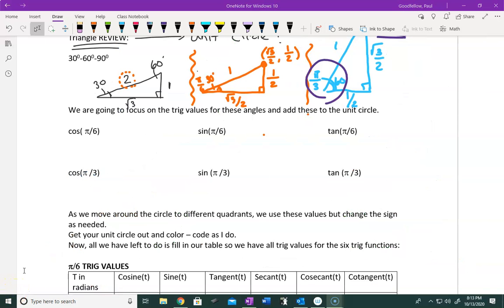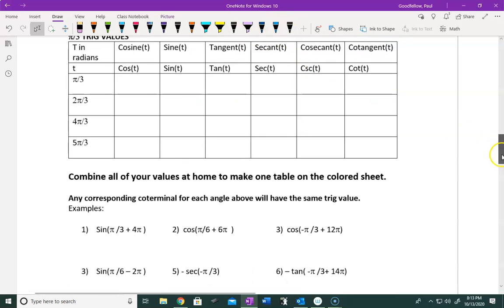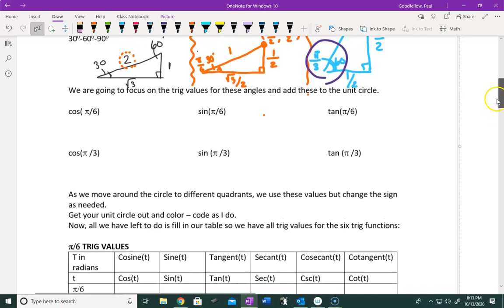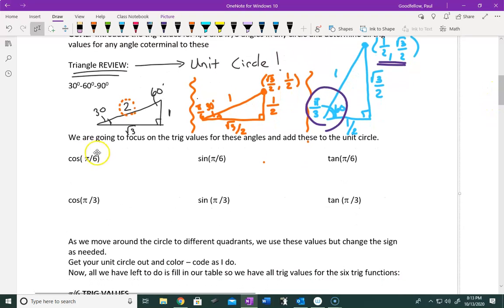All right, now, the hardest part that I can probably say to you that Trig is going to be about at this point in time is the fact that you're going to actually now be asked to focus on coming up with some answers to specific trig values.